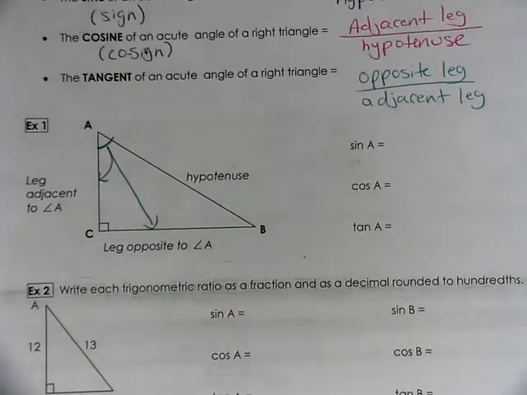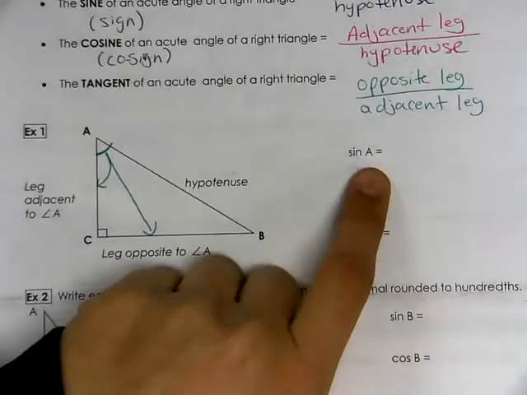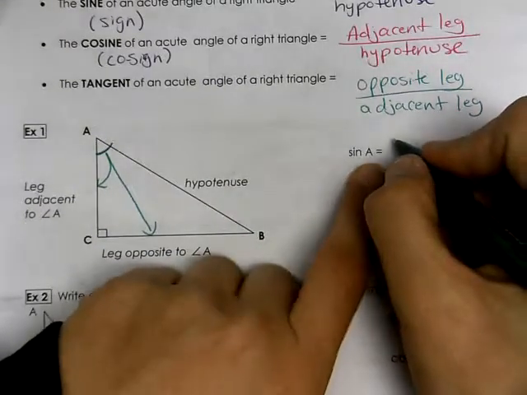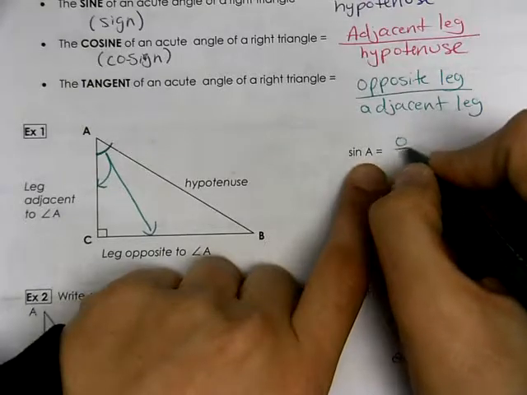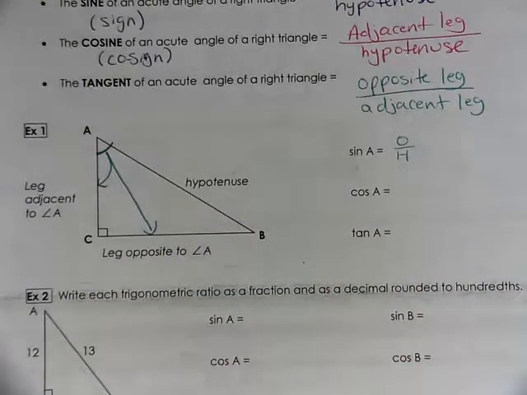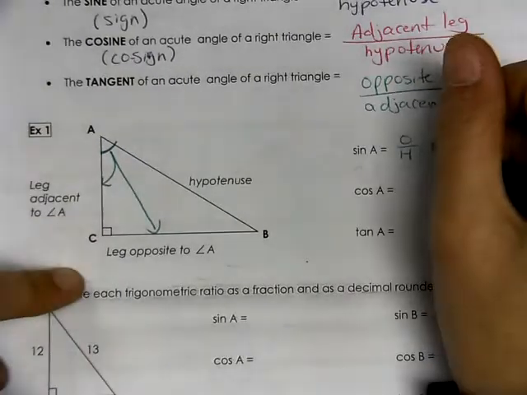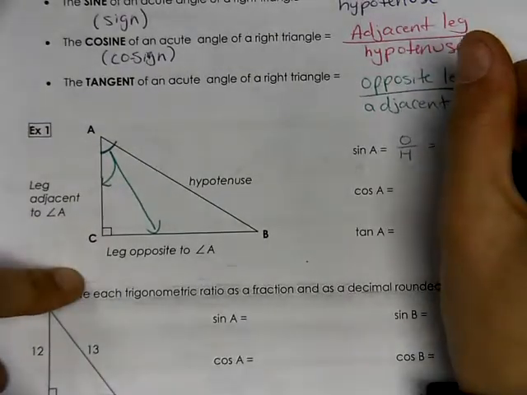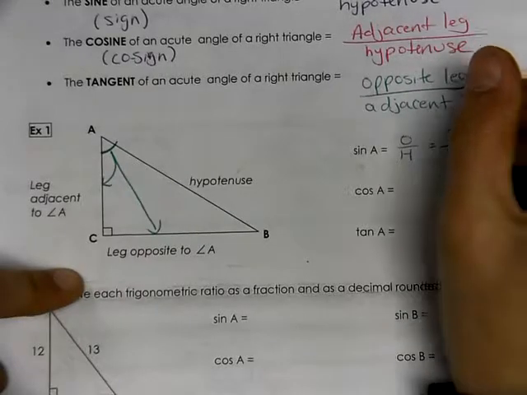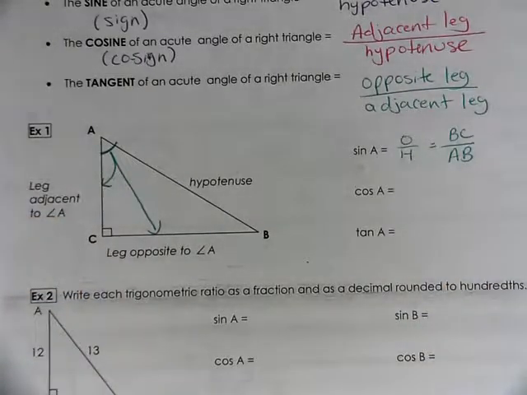So for example 1, I just want to write out, sine is opposite over hypotenuse. I'm just going to write out the letters of the legs. That would be however big BC is over however big AB is.